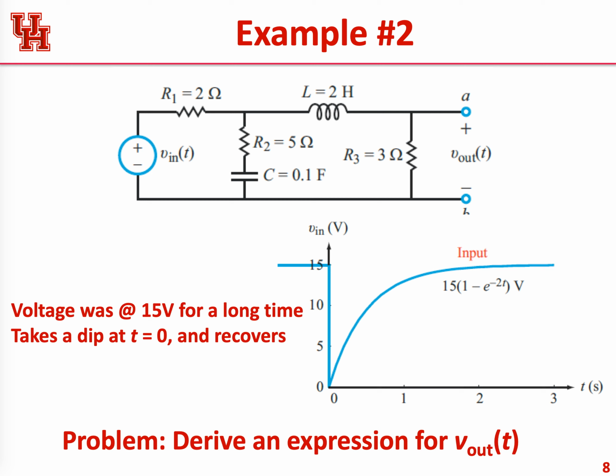Okay, so let's work on the first part. The first part is to find the initial conditions. If you think about it, we've got a steady input for an infinite duration of time, and a steady input like that means that all transients would have completely died out.